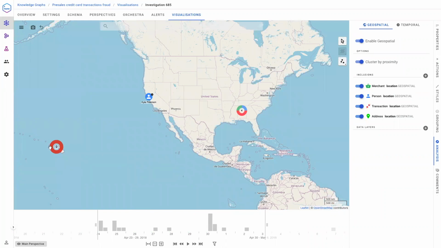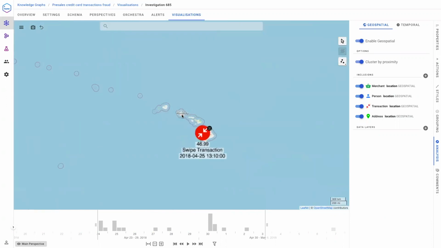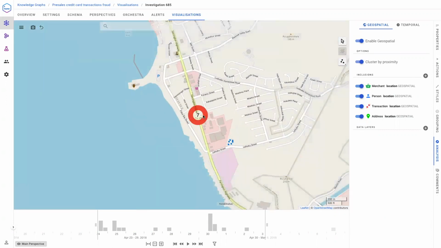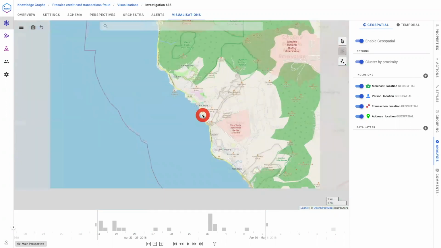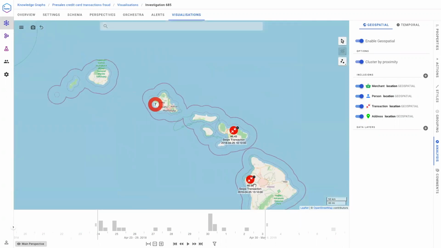Anyway, all the fraudulent activities are actually registered here in Hawaii. And the card has been used extensively in one location. Again, a rather big difference in location with a rather low difference in time.